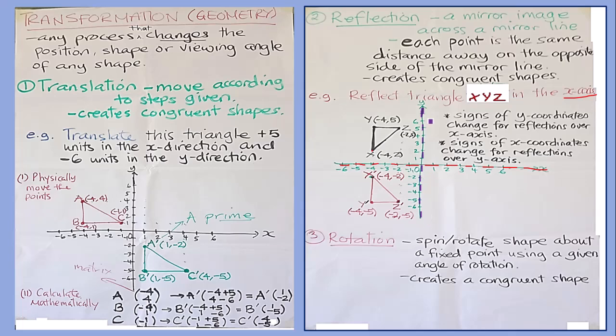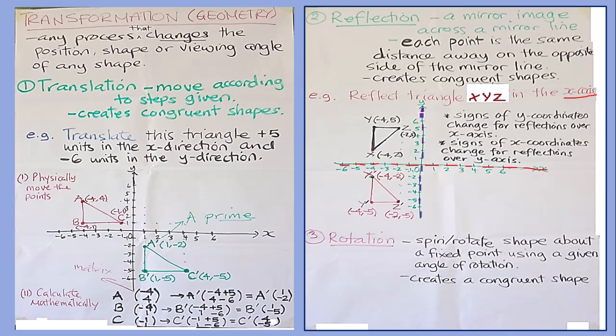If the mirror was the y-axis and the object was on the left-hand side, then the image will be on the right-hand side, the opposite side of the mirror. That means we are going from the negative part of the x-axis to the positive part of the x-axis. The y, however, remains the same because we are moving in a straight line across.